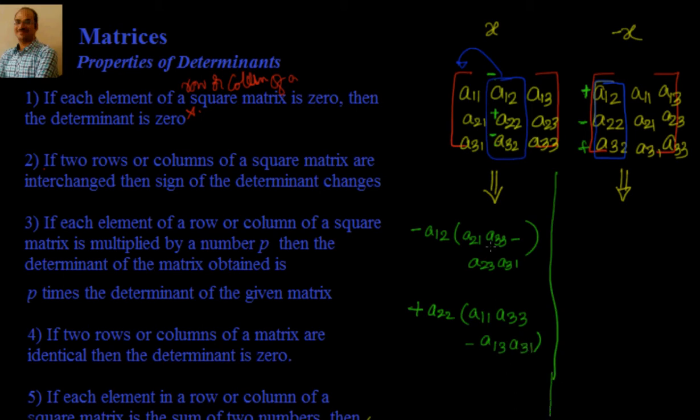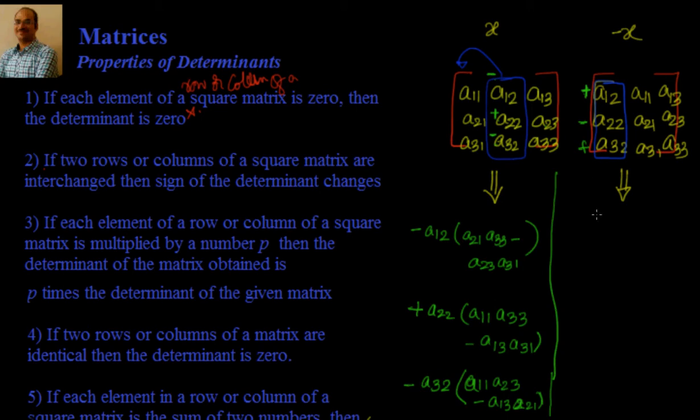Now there is one more, that's minus A32 into (A11 A23 minus A13 A21). This is A. Okay, I hope you are okay with that.